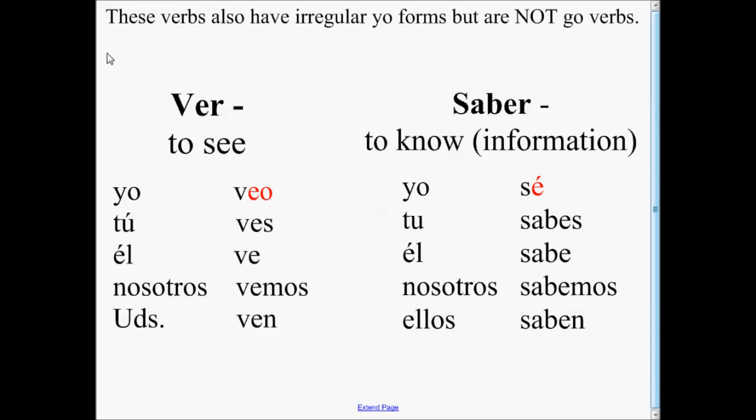In Spanish, there are two different forms of the verb to know. When you're talking about knowing someone, you use a different verb than saber. We'll learn more about that later, but for right now, if you know about information, use the verb saber. Yo sé. Tú sabes. Él sabe. Nosotros sabemos. Ellos saben.